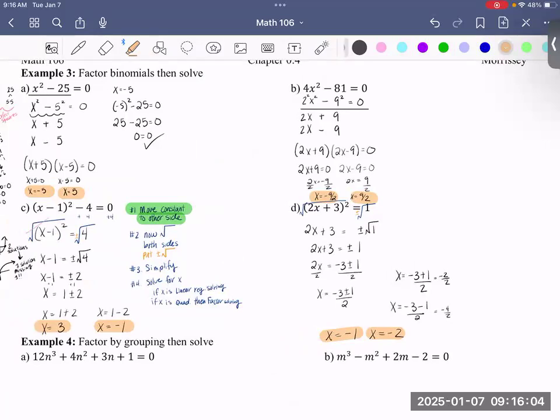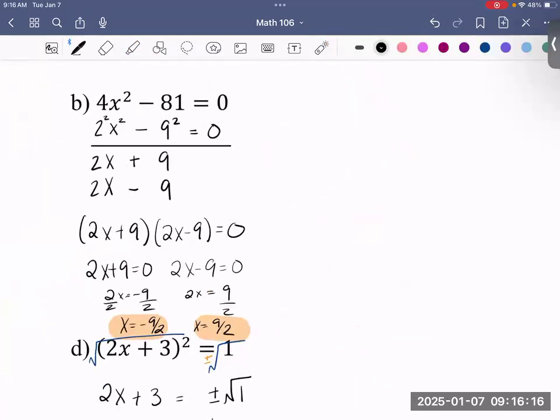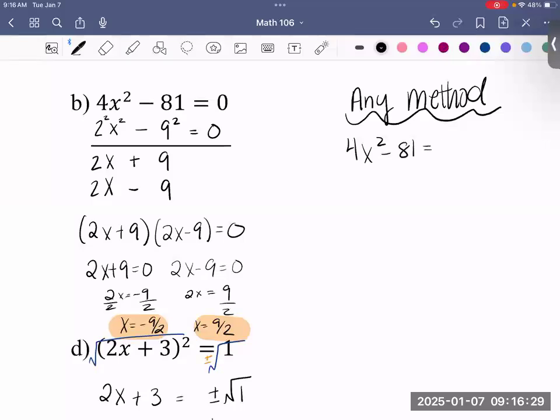Now, I do want to show you one extra method, not so much factoring, and I'll just do it on this particular one, B. Let's say we didn't want to factor, but maybe we just wanted to solve it. So if we have 4x squared minus 81 is equal to 0.